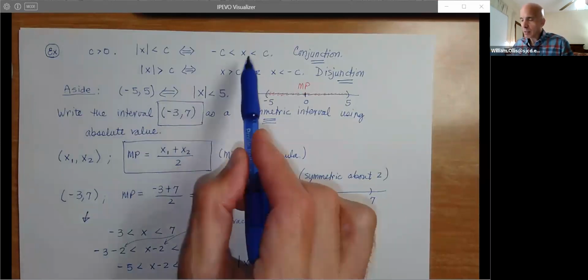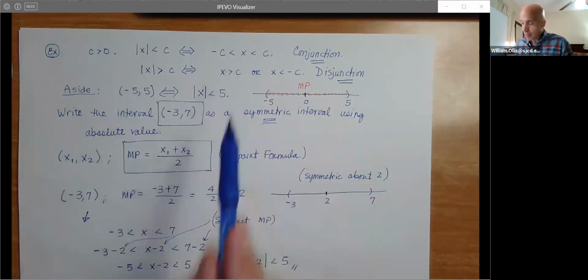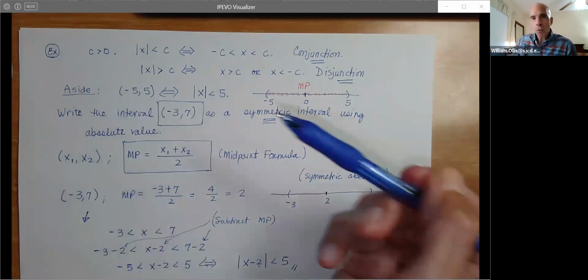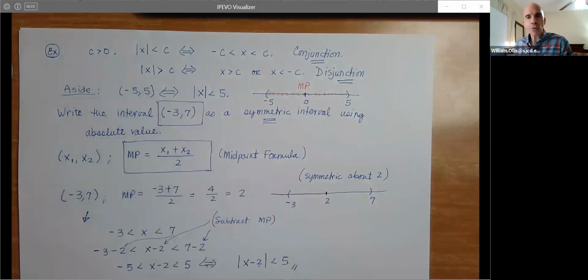So now we're kind of looking to create this. So once we create that side, which we have here, we can go backwards. We can go to this. So this is basically the reverse problem. And again, try this when you're working with your WebAssign.